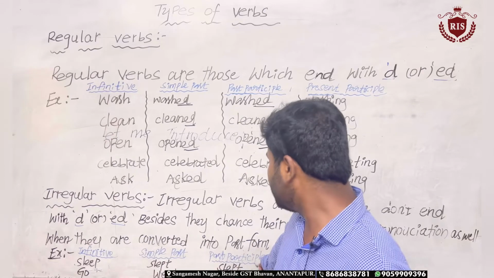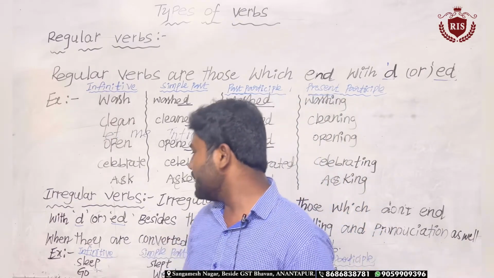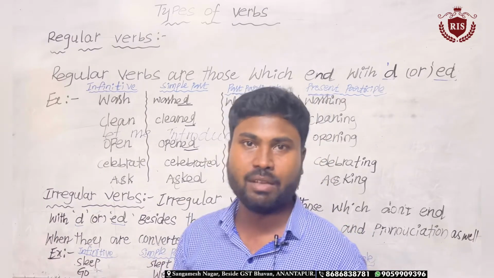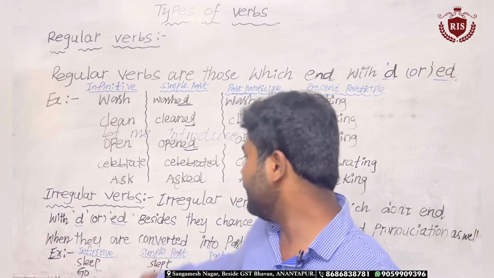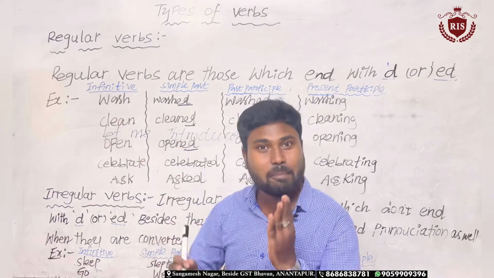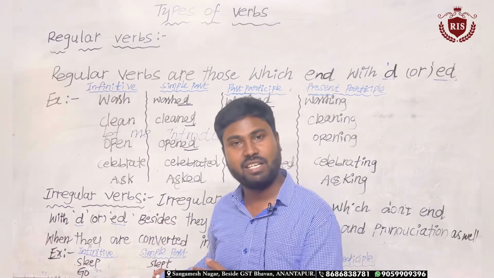Infinitive, simple past, past participle, and present participle. Okay, let us take first verb, sleep. The infinitive form is sleep. So when you convert that sleep into the simple past, it became slept. Right. So sleep's pronunciation is different, slept pronunciation is different, right?